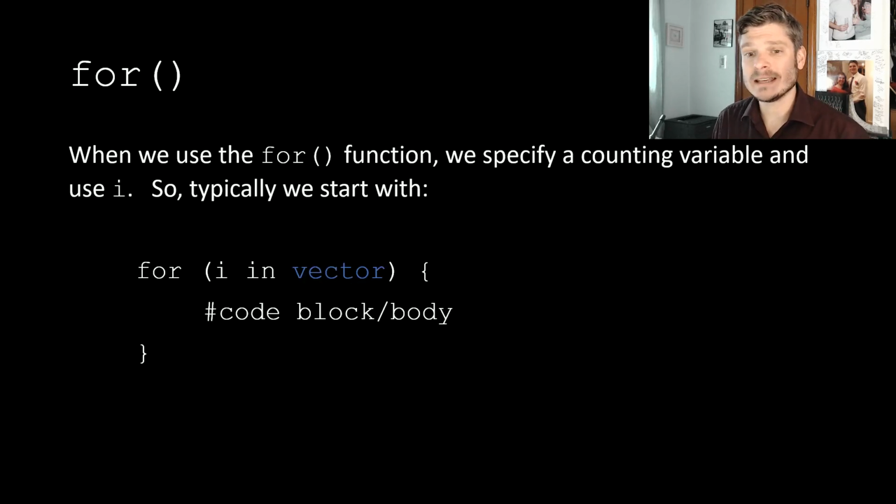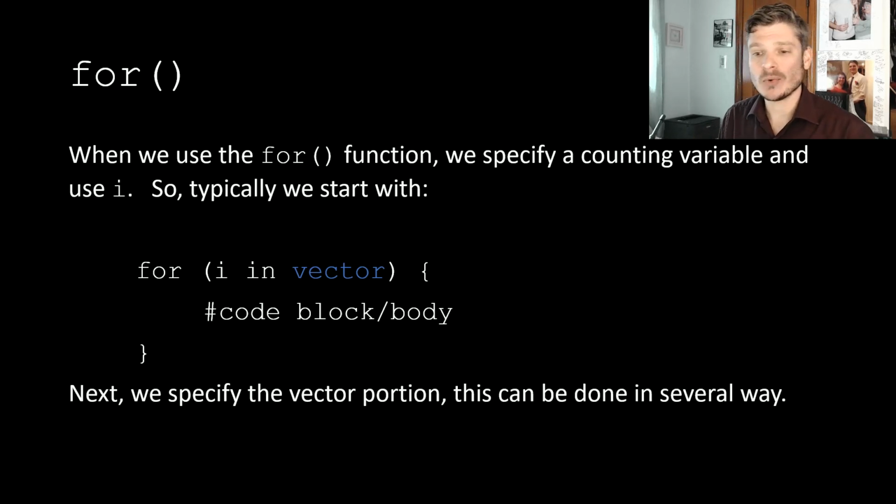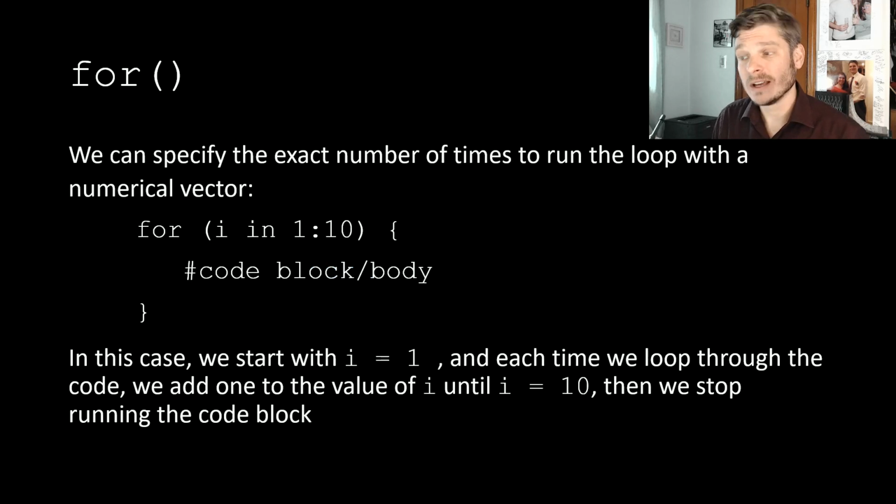The next thing is in vector. We need to replace vector with something. We can specify the vector portion in a couple different ways, but typically we pick one of two options. The first would be we use a colon to separate two numbers, in this case 1:10. What that means is we're going to start our counting variable with the number 1, and then run through the loop.